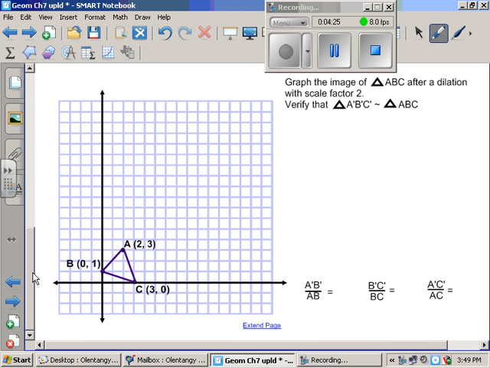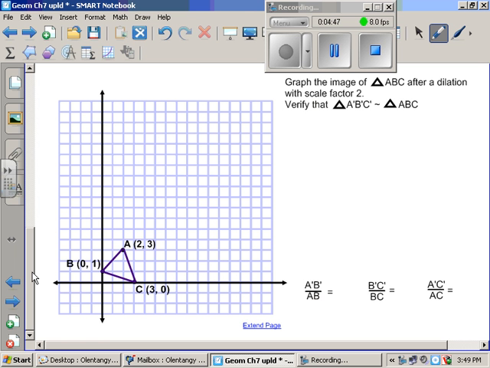For this shape, if I'm going to graph the image of ABC after a dilation with a scale factor of 2, that tells me the shape gets bigger, and then I want to prove that A prime, B prime, C prime is similar to ABC. So the first thing I'm going to do is multiply by a scale factor of 2.